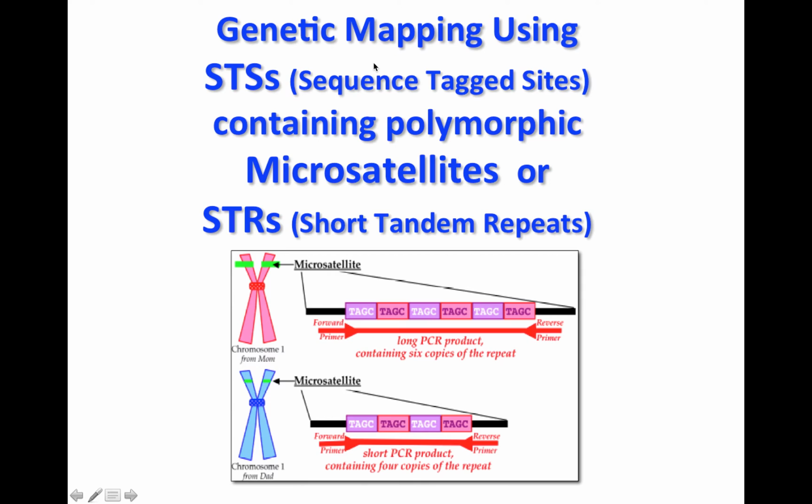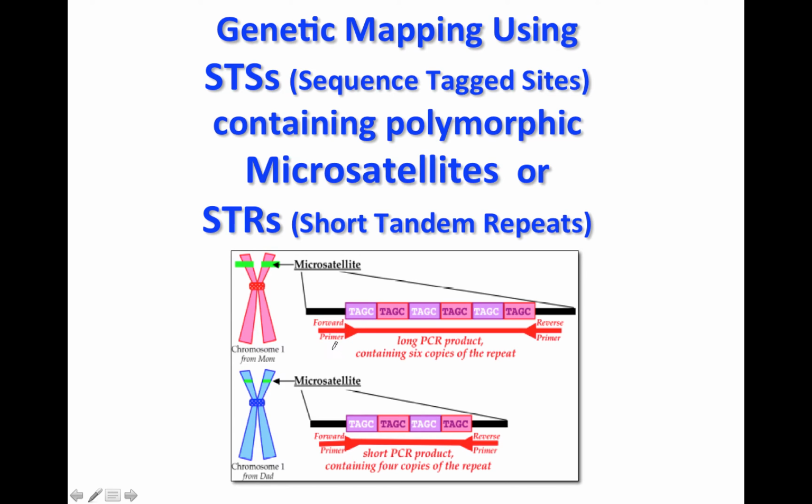Genetic mapping can also use sequence tag sites that contain polymorphic microsatellites or short tandem repeats. This is a diagram showing the same locus on chromosome 1. On the chromosome that you inherited from mom, you have several tandem repeats. At the same locus on the chromosome that you get from dad, you only have a few.